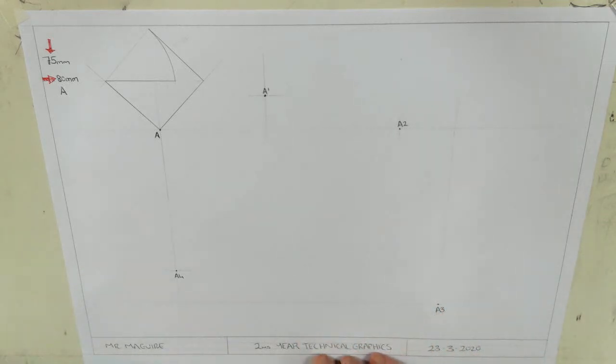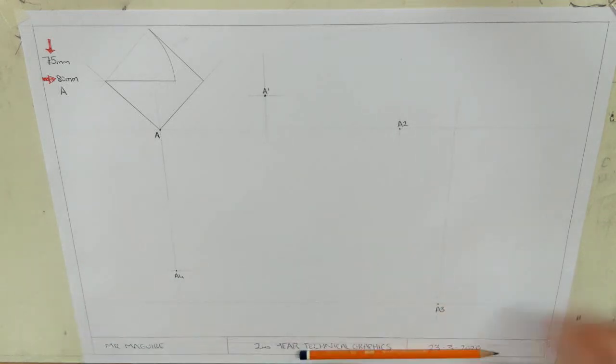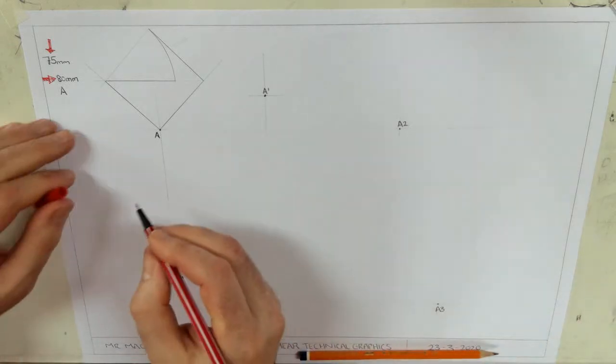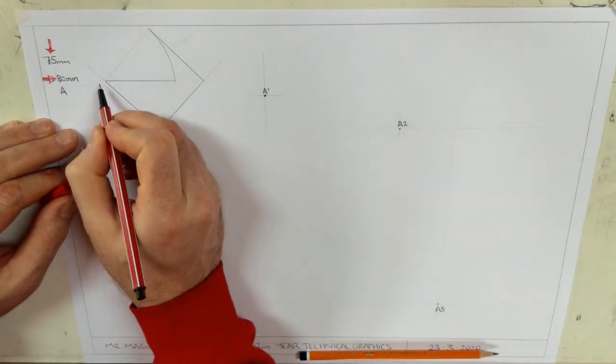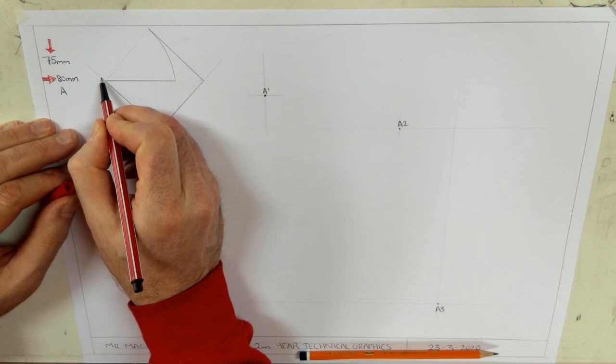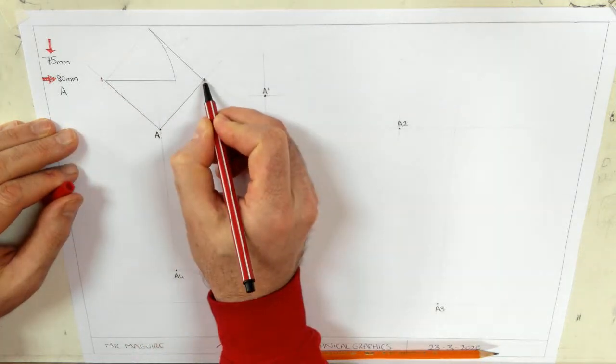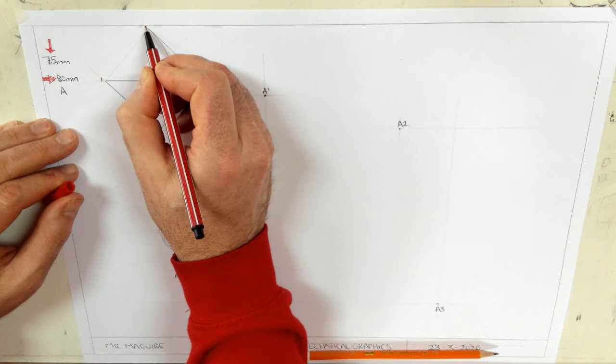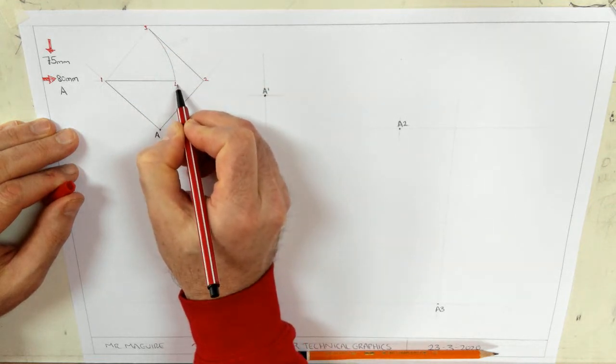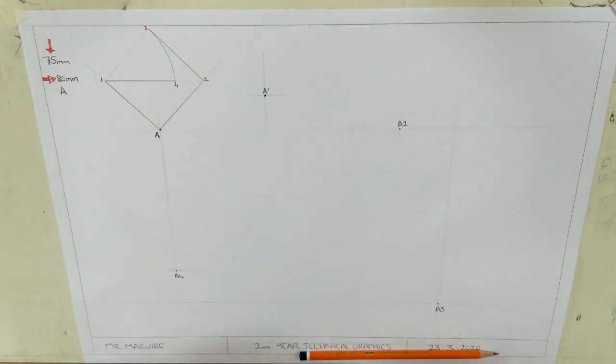Okay, now first things first, I'm going to mark the points. So I'm going to mark this as 1, this is A, this is 2, this is 3, and this is 4. Okay, so I'm going to number the points.